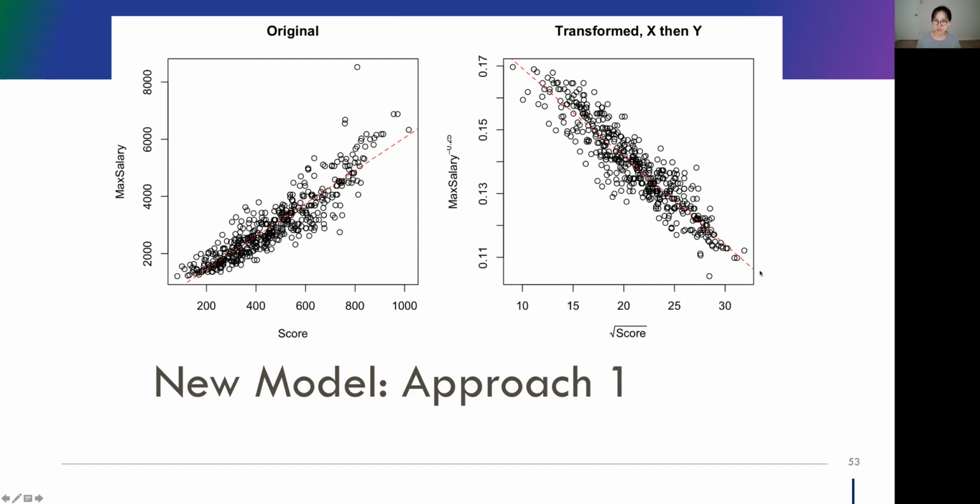Well, the fitting looks good, right? Even though it changed direction compared to the original one, because we take the power of negative 0.25, which changed the direction of y.